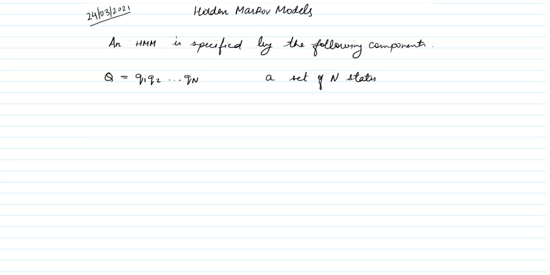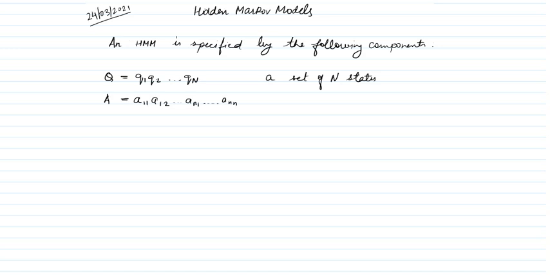Then we have the transition probability matrix. So A is the transition probability matrix. I am just writing the elements: A11, A12, up to An1, up to Ann.